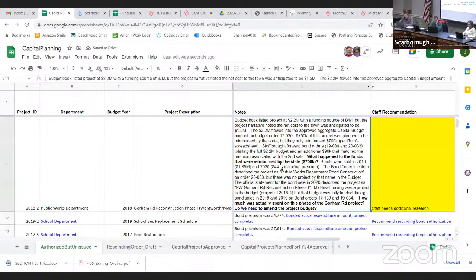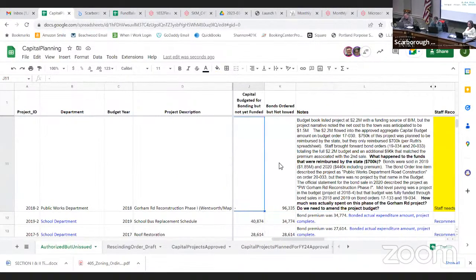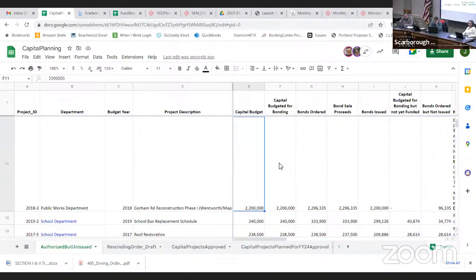Okay, now Gorham Road. So the capital budget was 2.2 million. I tagged capital budgeted for bonding at 2.2 million, but that's not completely accurate. When the project came forward to council, there were matching funds suggested that were going to come from the state, around 750,000.